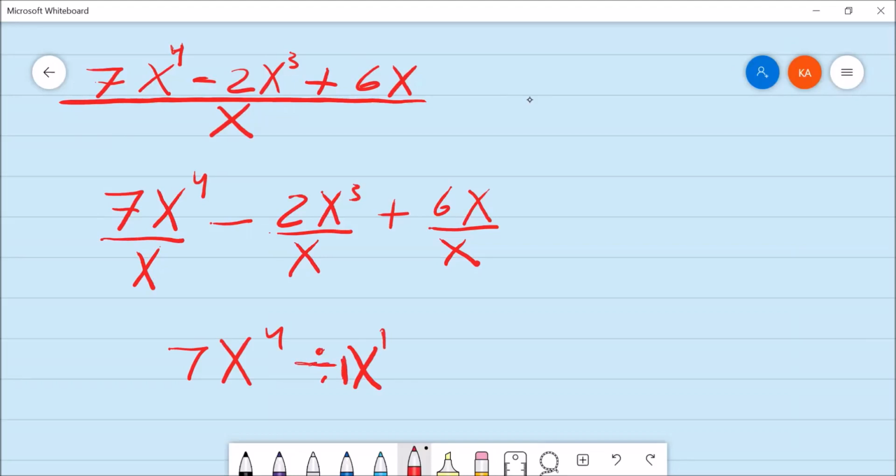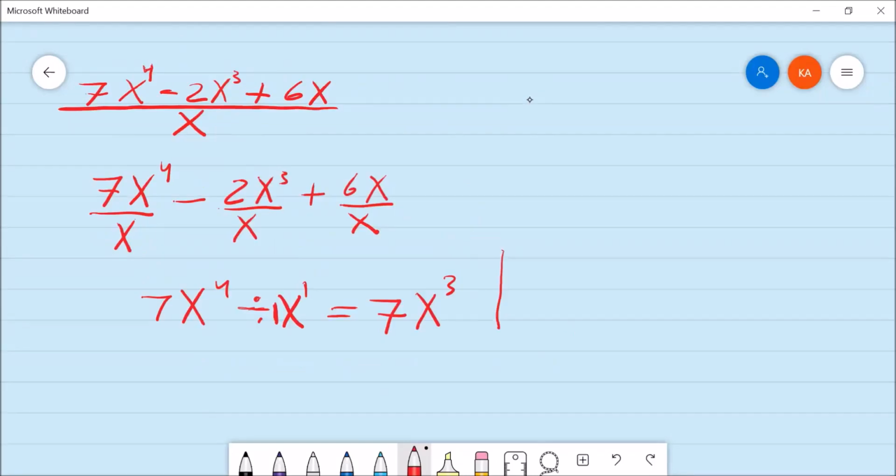We divide the numbers first. 7 divided by 1 equals 7. x to the power of 4 divided by x to the power of 1 equals x cubed. Why? Because we subtract the indices in the case of division.